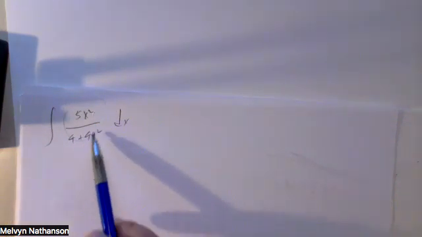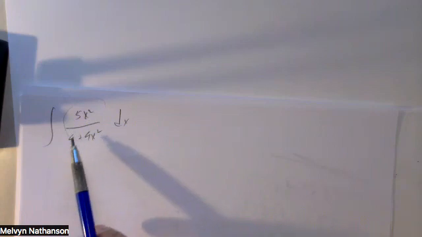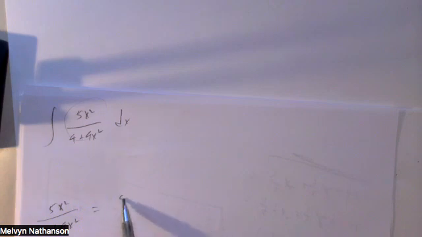I can't solve that just by looking at it, but I can see if I can put this in a form that is easier to work with. So let's see, 5x squared over 4 plus 4x squared is 5x squared over 4 times (1 plus x squared).